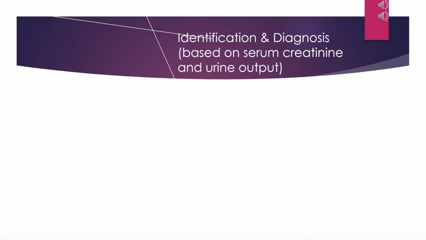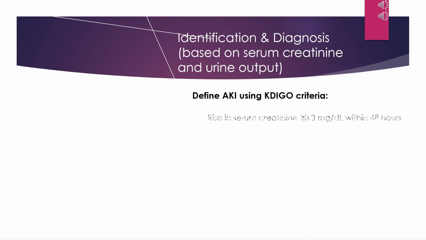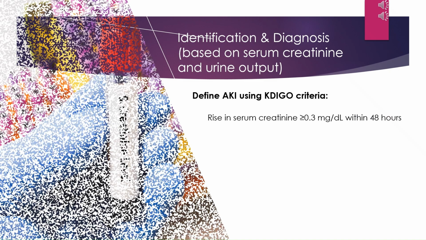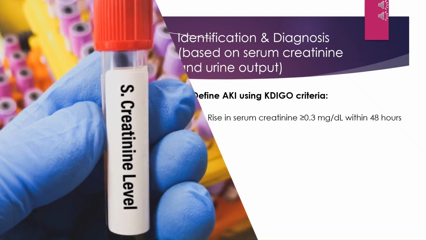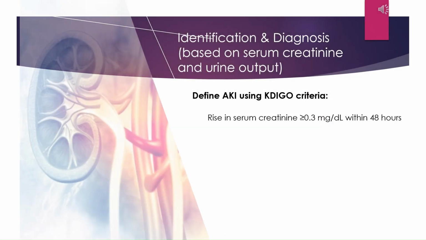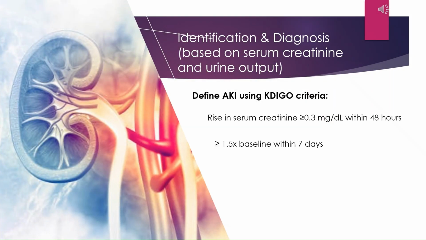Let's discuss each KDIGO guideline, starting with the identification and diagnosis based on serum creatinine and urine output. Definition of AKI using KDIGO criteria. First is a rise in serum creatinine by more than 0.3 milligram per deciliter within 48 hours, or an increase in creatinine to 1.5 times baseline within 7 days, which is a clinical criterion for diagnosing acute kidney injury, AKI.